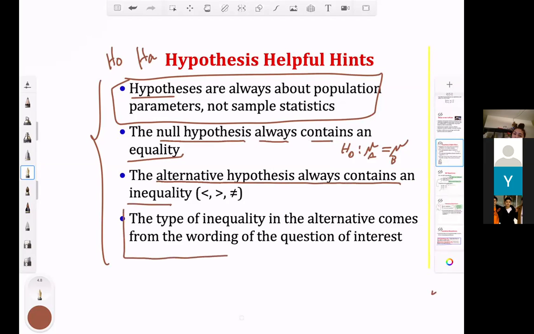The type of inequality in the alternative comes from the wording of the question of interest. That means sometimes we use mu, sometimes we use rho, all types of parameters that we talk about for a population.